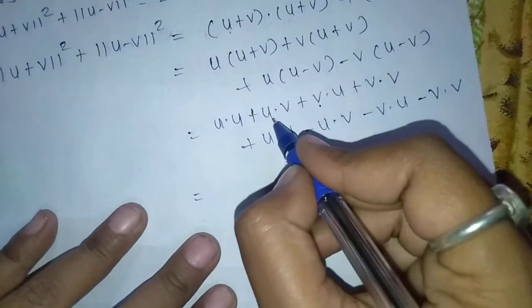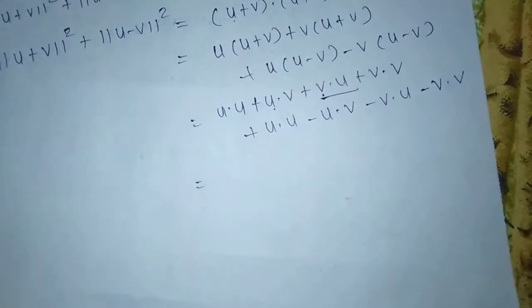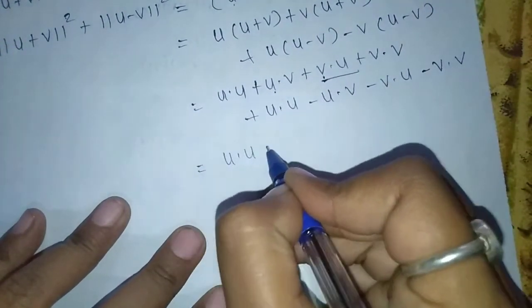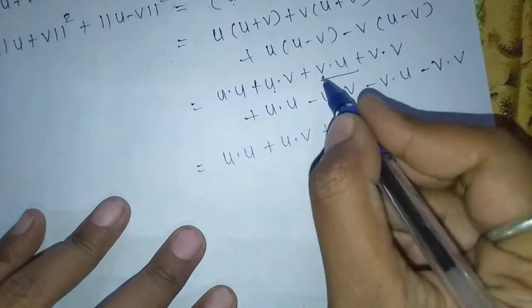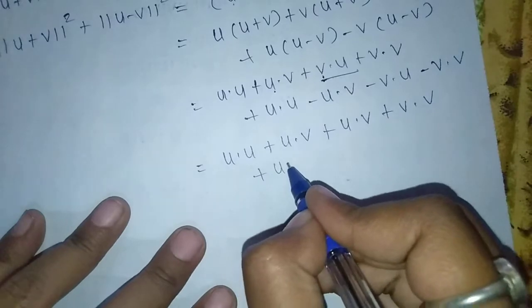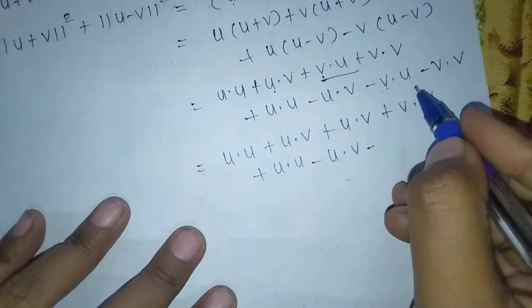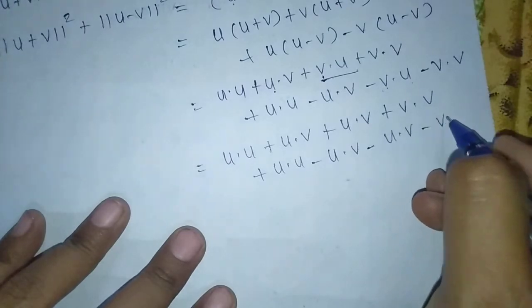So replace u dot v or v dot u by v dot u or u dot v. So u dot u as it is plus u dot v plus v dot u, meaning u dot v, plus v dot v plus u dot u minus u dot v as it is minus v dot u, meaning u dot v, minus v dot v.